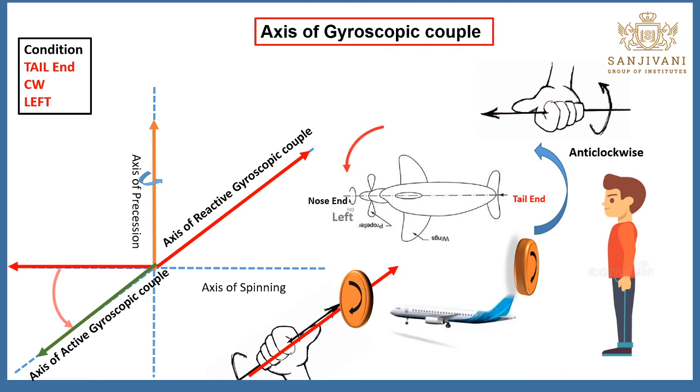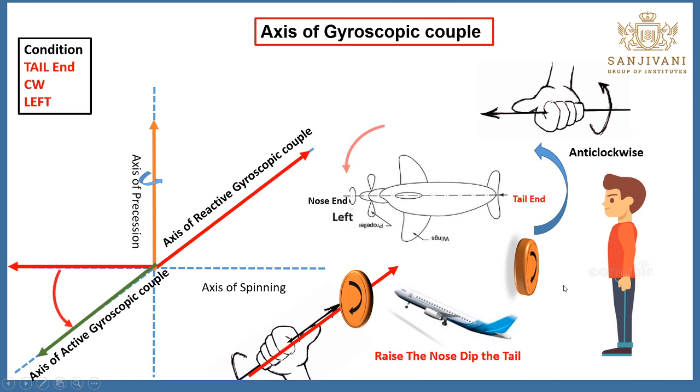That means you have to rotate that aeroplane in the clockwise direction like this. That means the ultimate effect of this gyroscopic couple is raise the nose, dip the tail. Because of this gyroscopic effect, the nose of that aeroplane will move in the upward direction, and the tail will move in the downward direction.